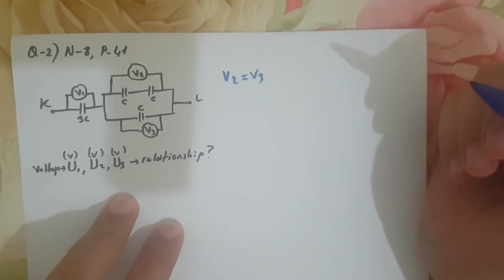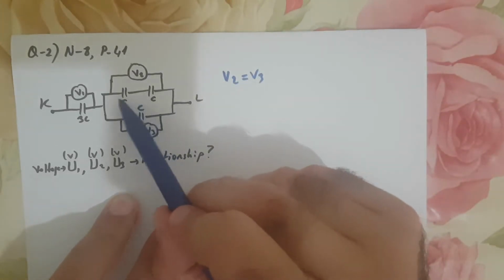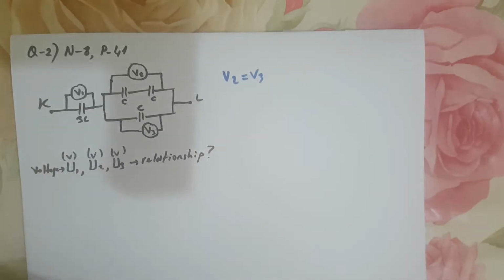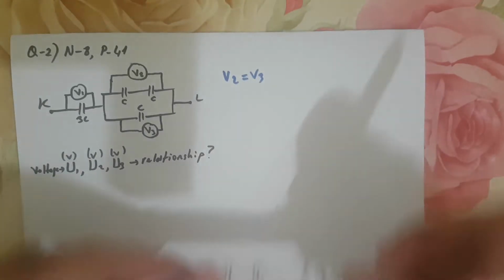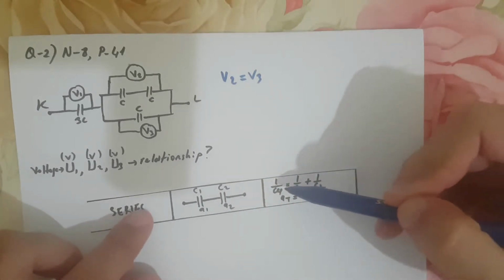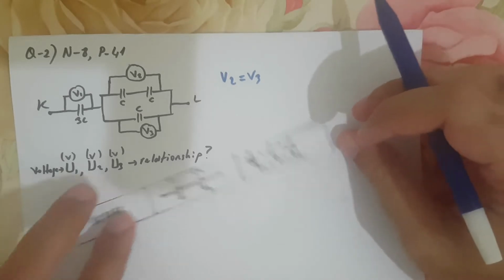So what is next? We are going to find the equivalent capacitance when they are in series combination. What's going to happen when they are in series? We use this one. When they are in series, 1 over C equivalent is equal to 1 over C1 plus 1 over C2.